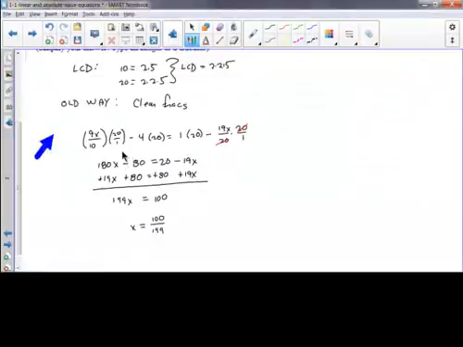These guys are notorious for trying to make things come out perfect. Oh, look, I did my cancellation wrong here. There's a 20 there and there's a 10 there, and I was treating the 20 like a 200 there apparently.